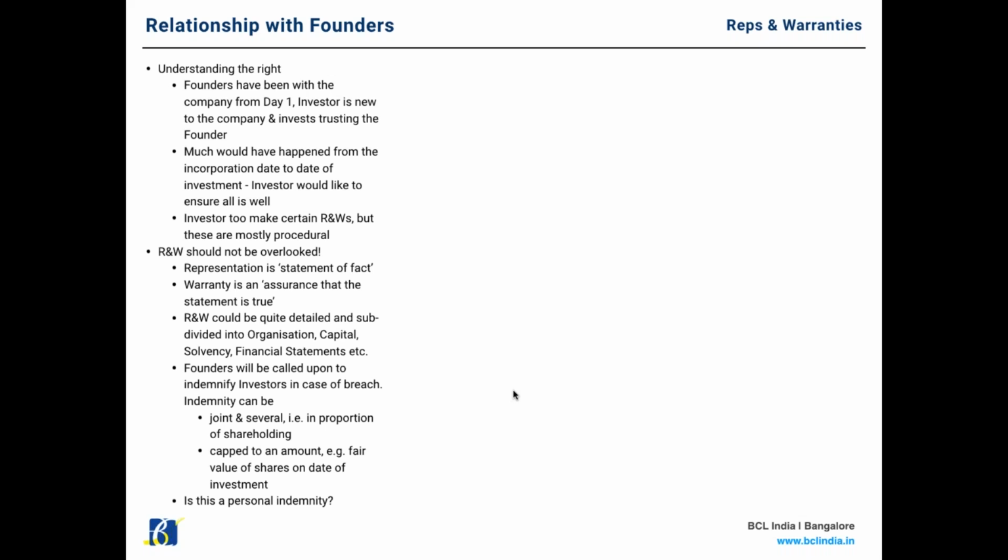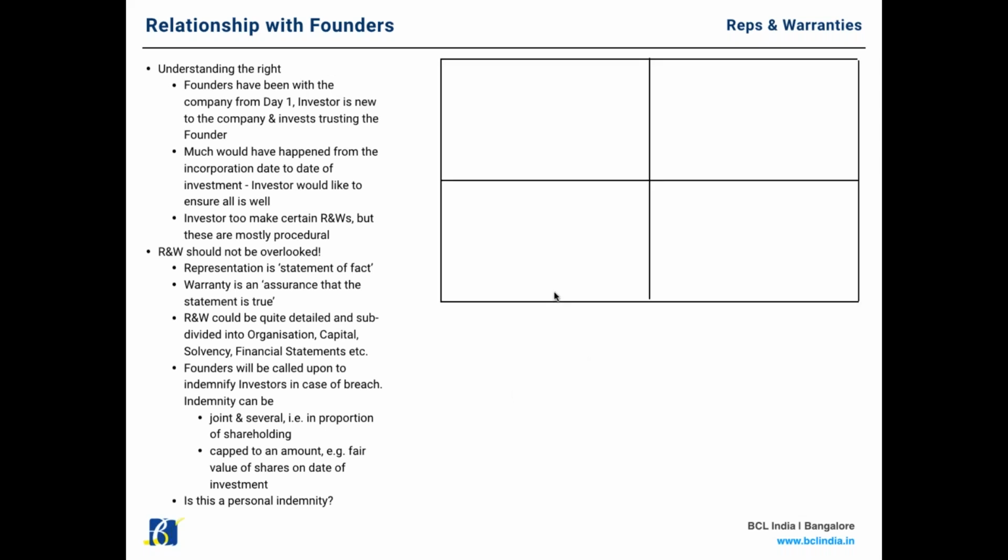If the statements are subsequently found to be false, the promoters can be taken to task, as it is treated as a breach. It is treated as an event of default, and a trigger of such nature would mean that the investor could even sell the entire company. So please be very careful with the representations and warranties clause.